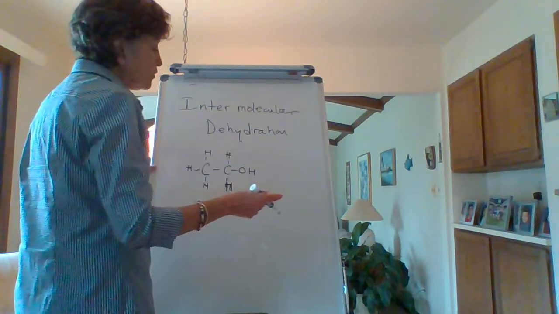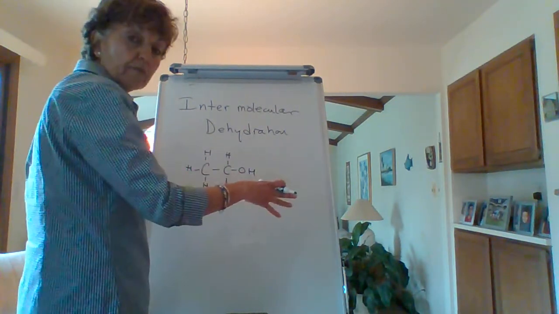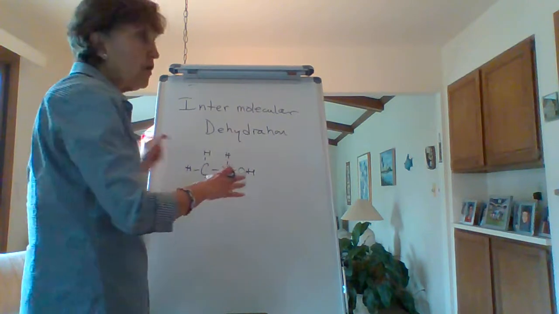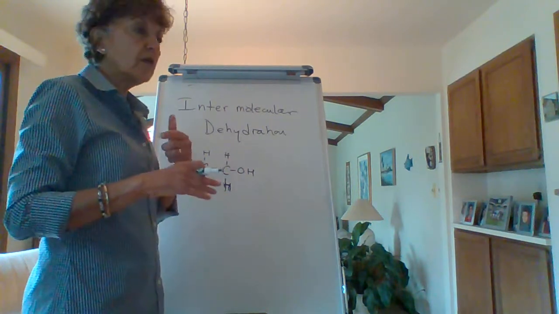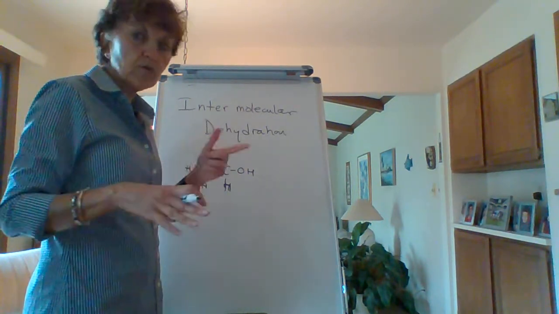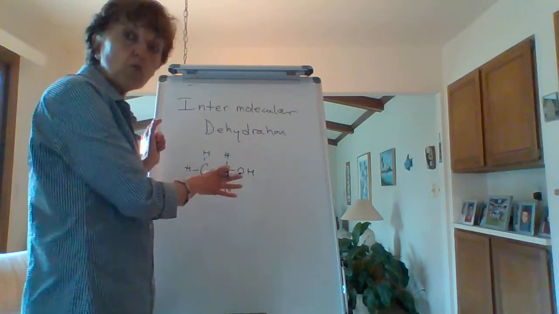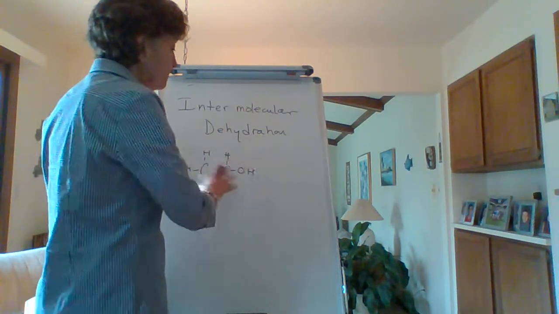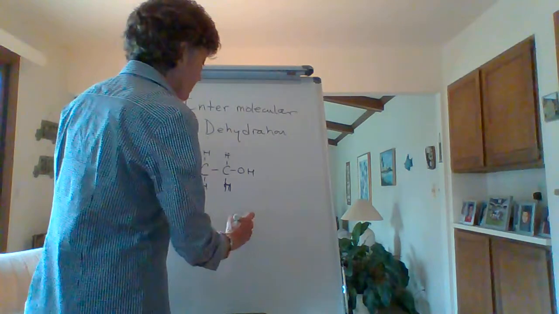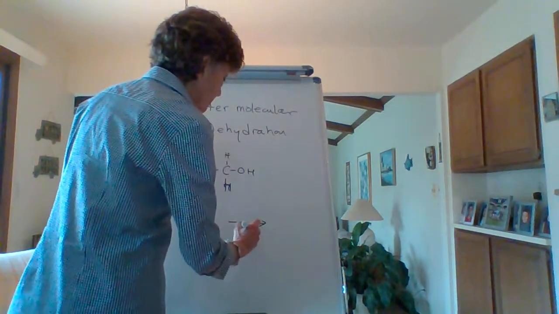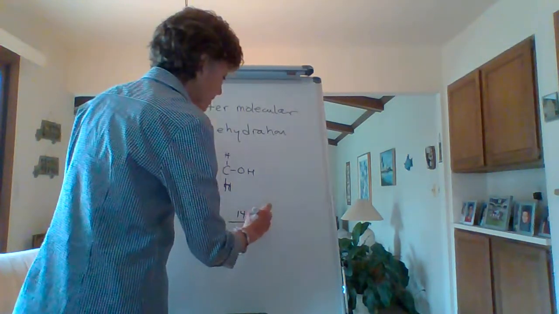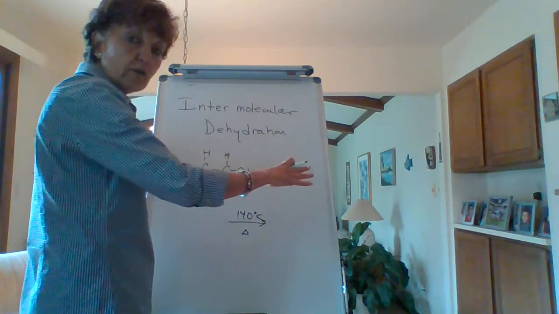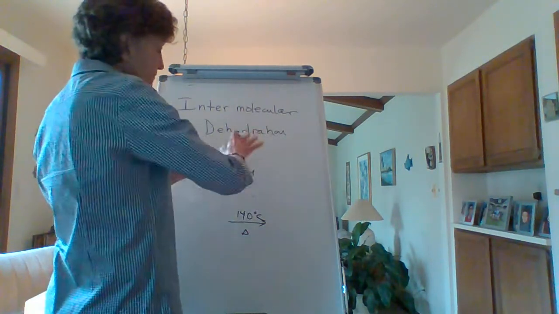And I want you to just draw two of them because, even though normally on any quiz or on the homework in OWL or whatever, they'll only show one, if you see that the temperature is 140 degrees Celsius, just automatically draw another one in there. But draw it facing this one.